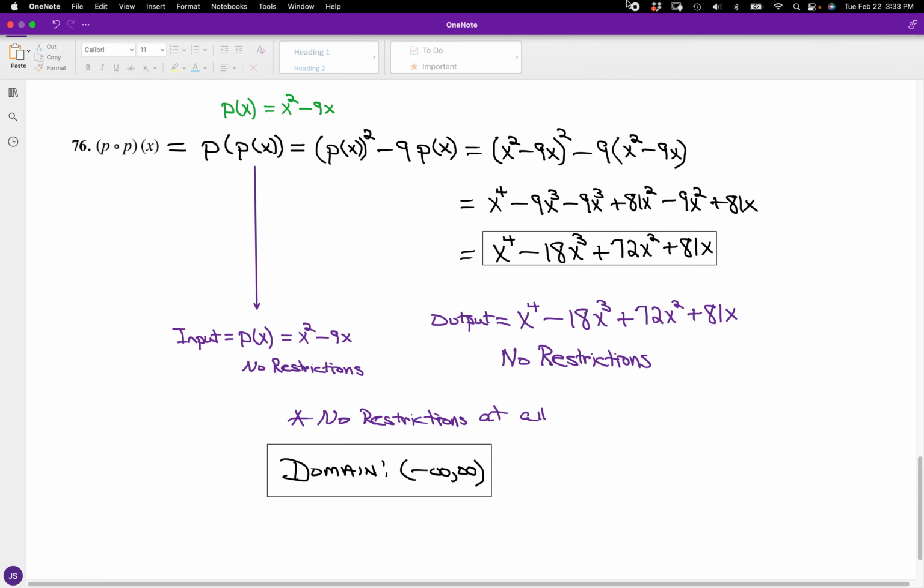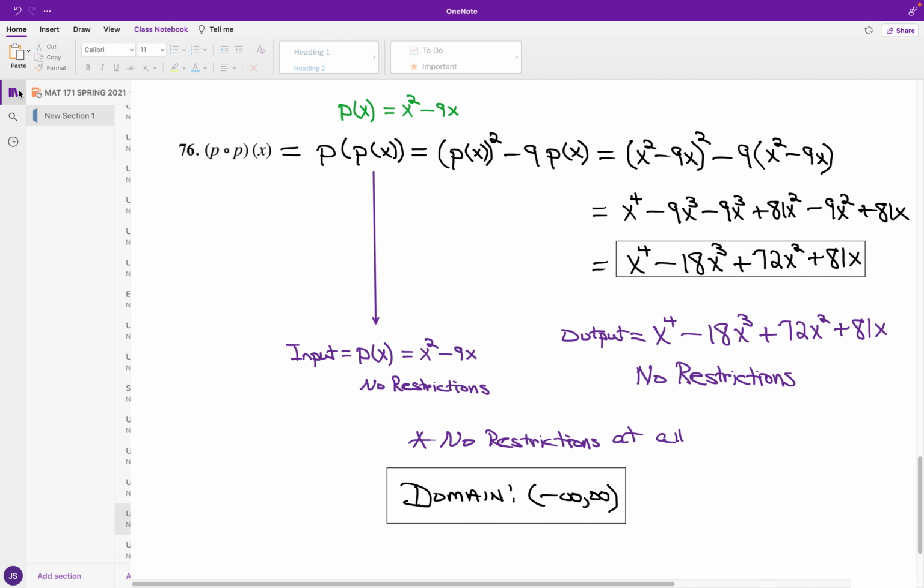Okay, and just kind of looking at what we have regarding domain.